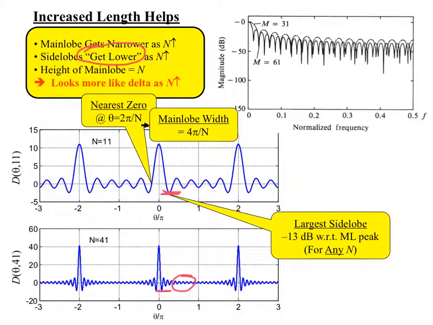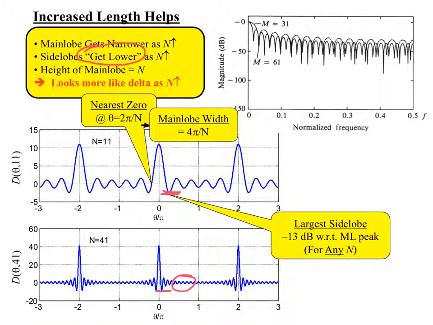Anyway, that's all set. Okay, so the side lobes don't really get lower. The ones farther out do, but the worst case doesn't. The height of the main lobe goes up as N, that doesn't really matter that much. But the most important thing here is that the width of the main lobe gets narrower as N goes up, and that will be true for any of these windows.